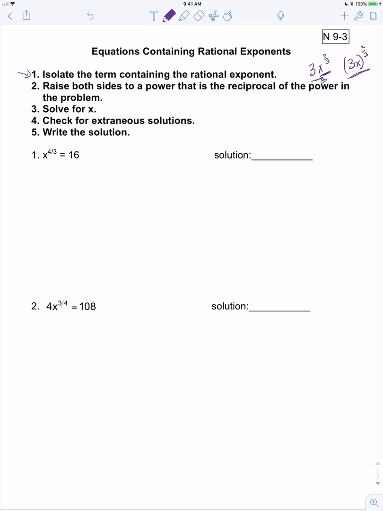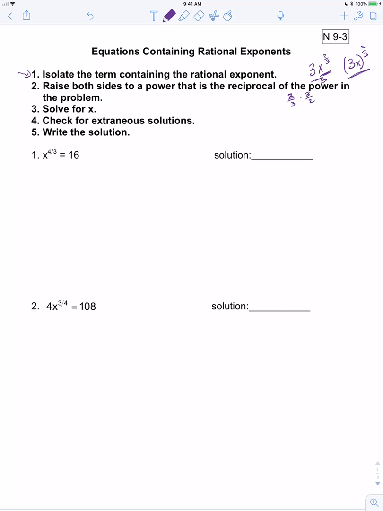Okay, so then the second step is to raise both sides to a power that's the reciprocal of the power in the problem. So for example, if we raise something to the 2/3 power and then raise it to the power that's the reciprocal of that, and reciprocal means you flip that fraction, so it's to the 3/2 power.